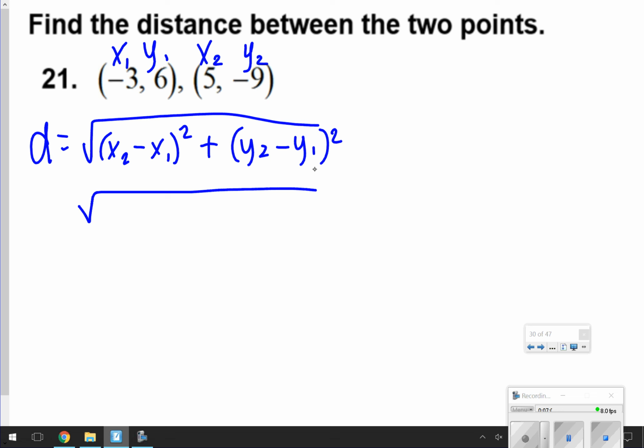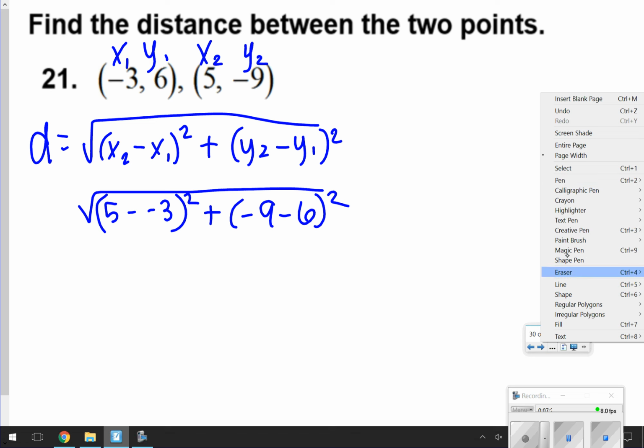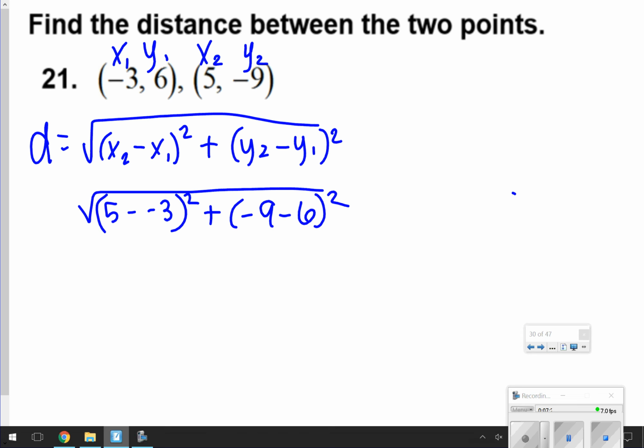Plugging it in. x2 minus x1, that would be 5 minus negative 3, squared, plus y2 minus y1, negative 9 minus 6. Gotta remember your subtracting integer rules. When you are subtracting a negative, remember that's going to be plusing a positive.